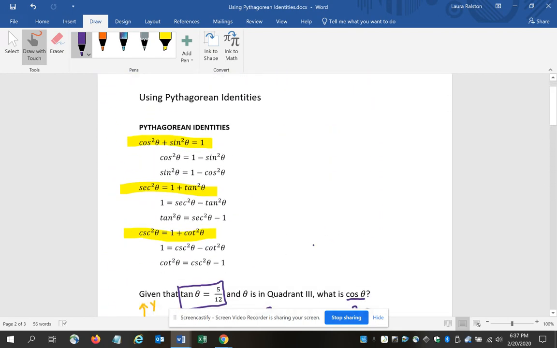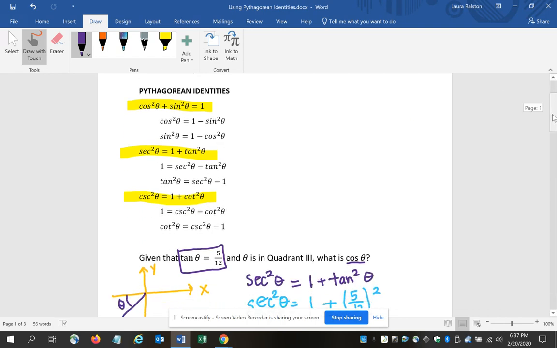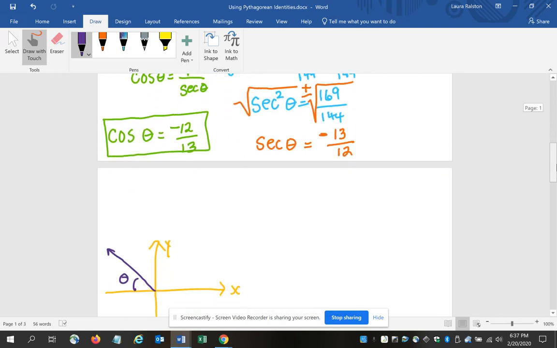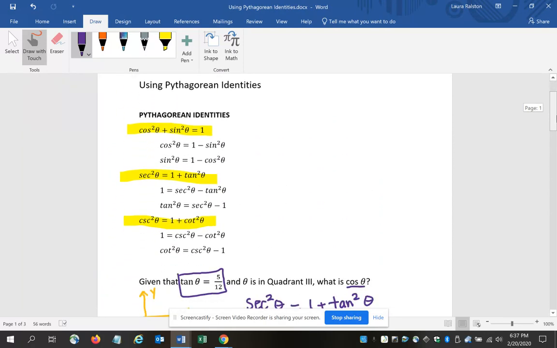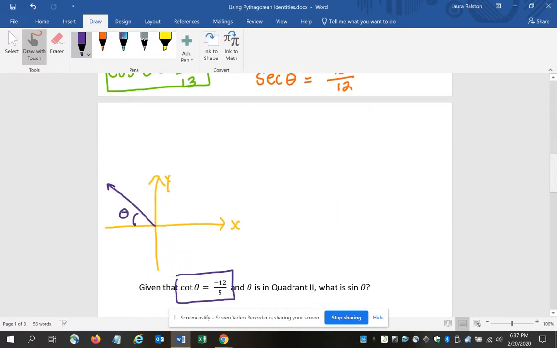The identity that I have that involves cotangent is cosecant squared theta equals 1 plus cotangent squared. So that's the formula that I need. So I'm going to write it down, so I make sure I get it right. Cosecant. Okay. So I'm going to scroll on down just a little bit.